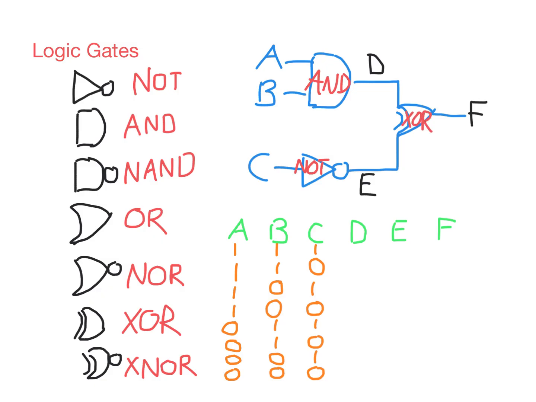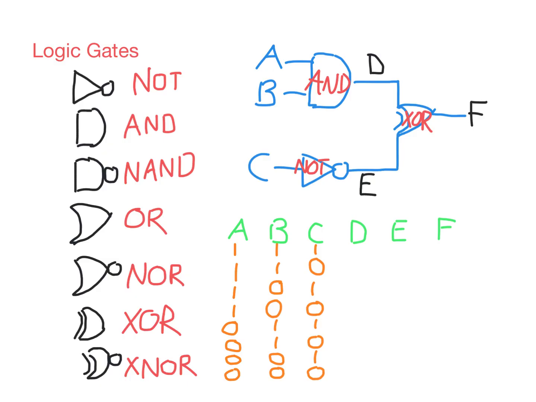So let's go ahead and determine what the possible outputs of F are. The inputs A, B, and C can either be 0 or 1. So the total number of possible inputs into the circuit is 2 times 2 times 2, which is 8, and I've listed them down here. Let's figure out what D and E would be first.